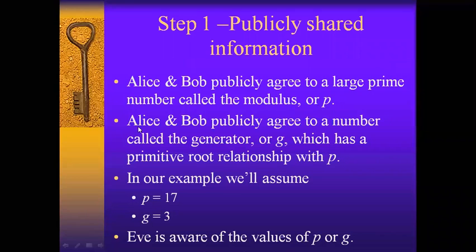Now the next step: Alice and Bob publicly agree to a number called the generator, or you can say your G, which has a primitive root relationship with P. If in the question paper it is given that the number shared between two parties, sometimes it will not say Alice and Bob, it will say two parties, like your primitive root, the value is this much, then you will understand that is the value of your G. So how to find the value of your P?